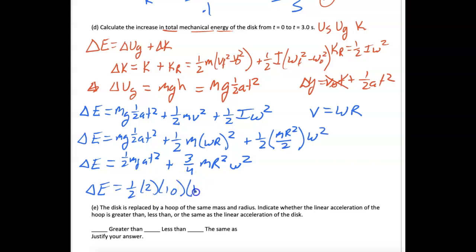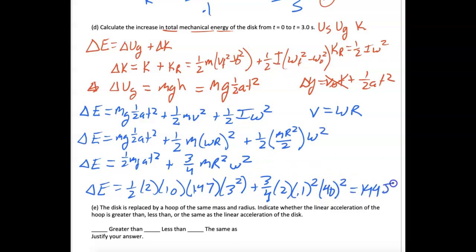We said the acceleration is 1.47. 3 squared is our time, plus 3/4 of 2 times 0.1 squared times our omega, which is 40 squared, and that's equal to 144 joules.